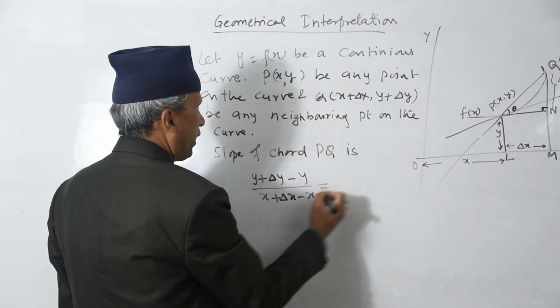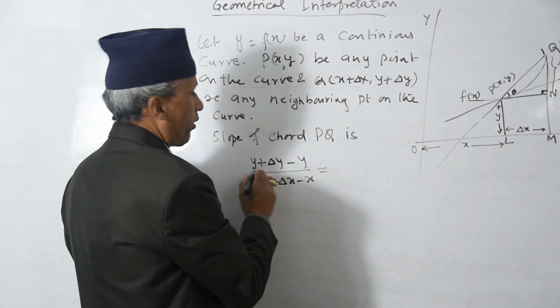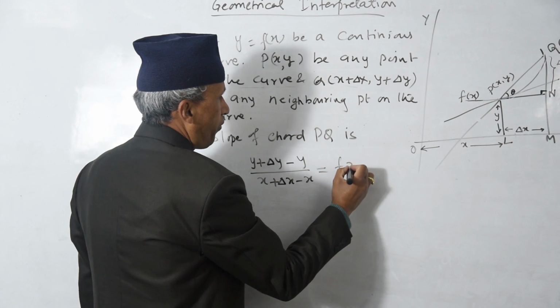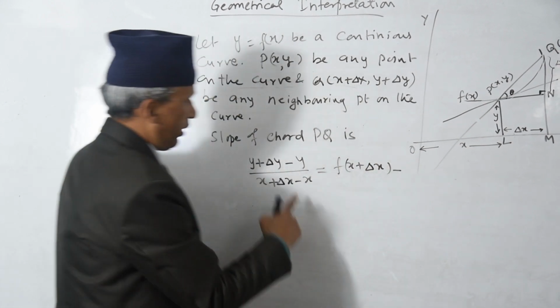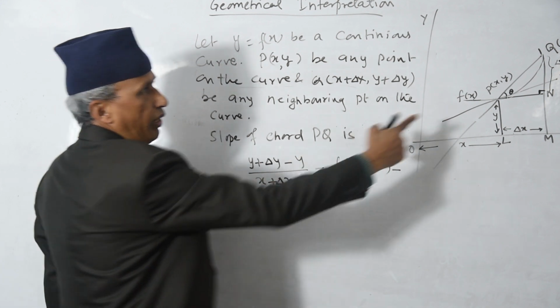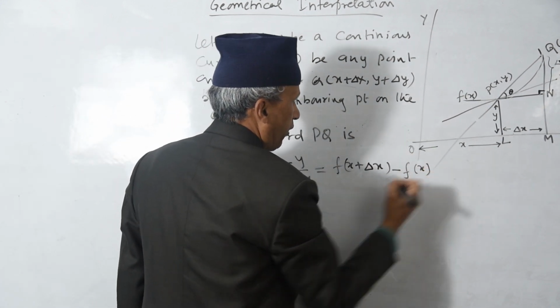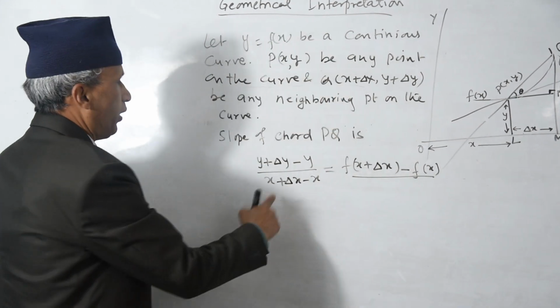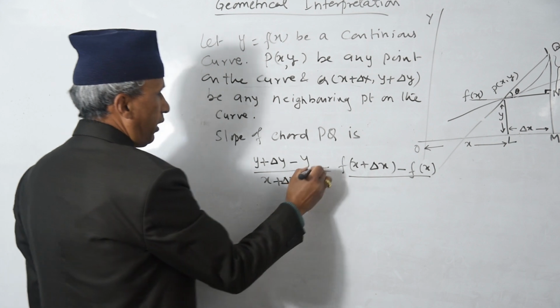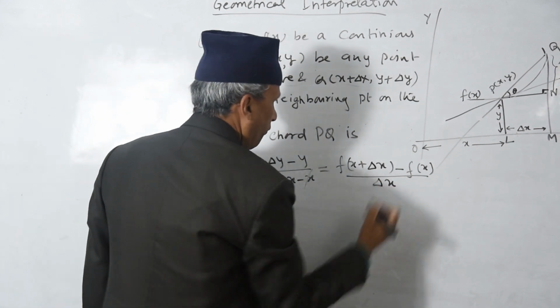That means y plus delta y is f of x plus delta x, minus y is f of x, okay, it is given. Divided by delta x, this cancels, it is delta x.